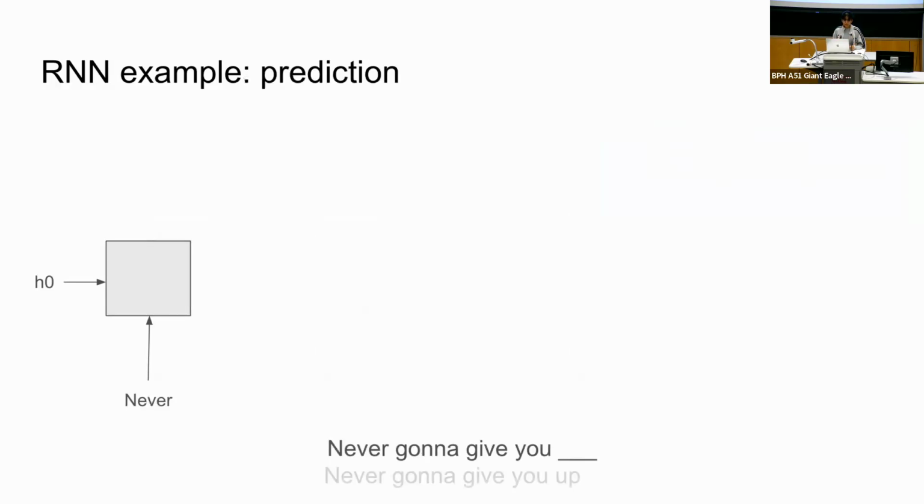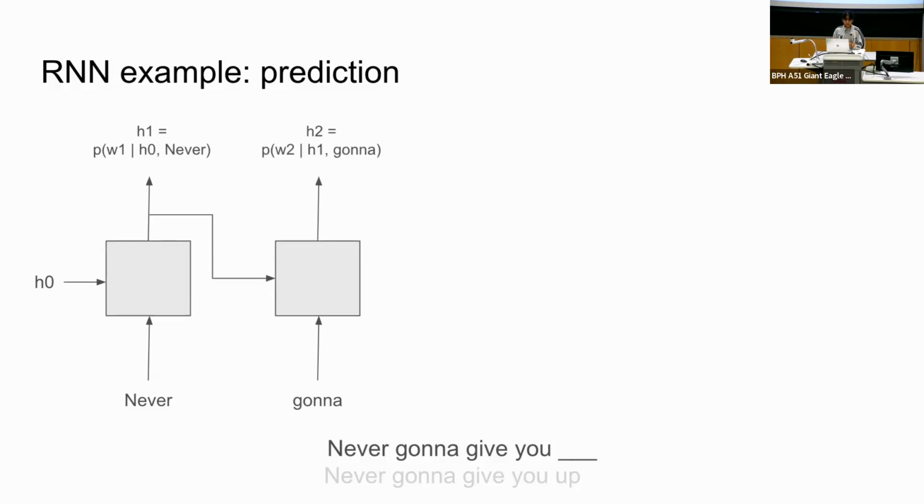So, dealing with prediction: we want to predict up in this case. You first give it the initial hidden state, which is initialized to zeros or learned over time. Then you give it your first input, never. Using the hidden state H0 and the word never, it gets the probability distribution. Then we give this hidden state to the next step to calculate the next hidden state, as well as our next input, gonna in this case.